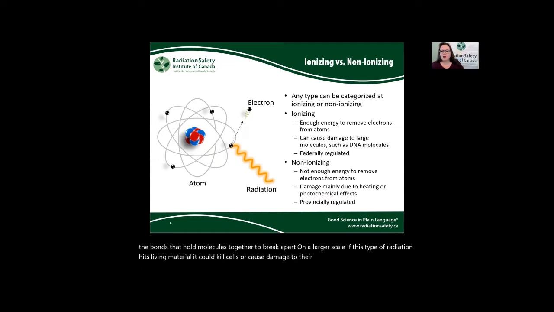These types of radiation tend to be federally regulated. Non-ionizing radiation does not have enough energy to remove electrons from atoms. Any damage that it does occurs mainly due to heating up the substance it interacts with or photochemical effects. These forms of radiation tend to be provincially regulated.